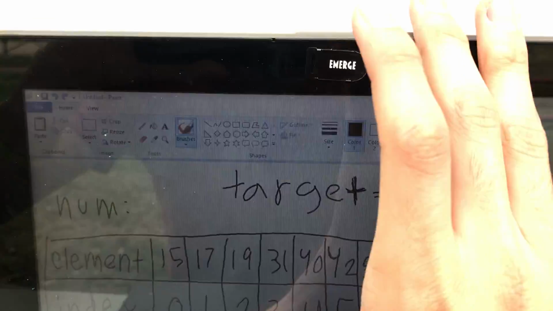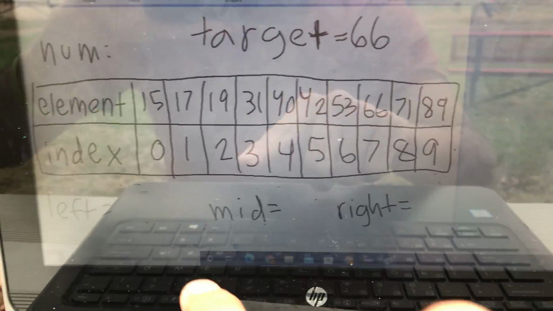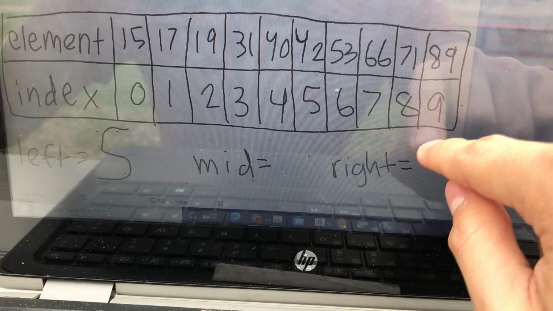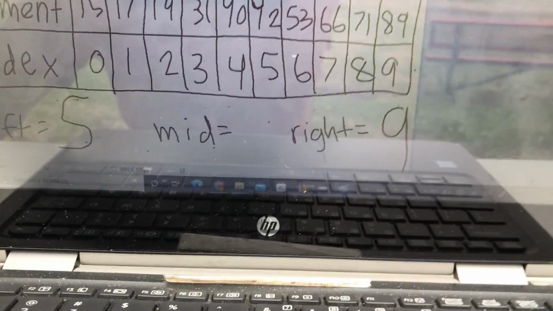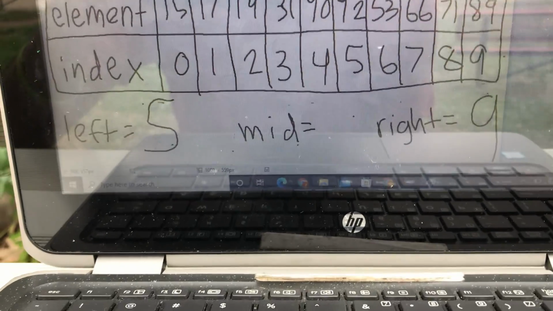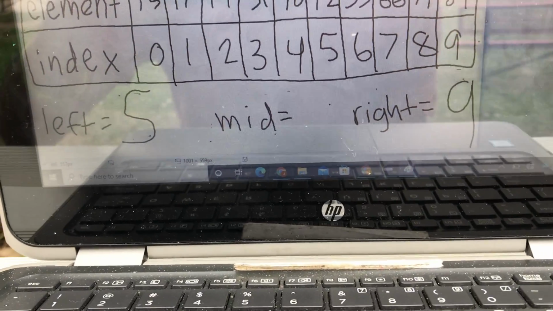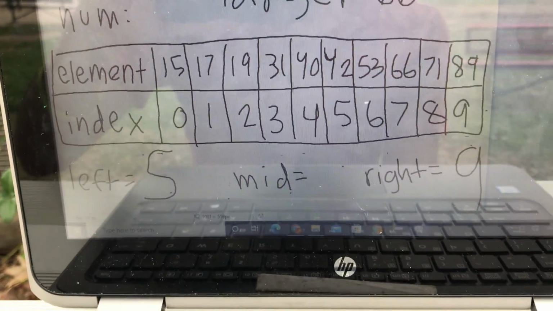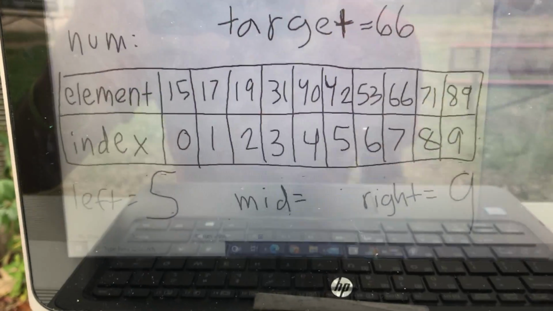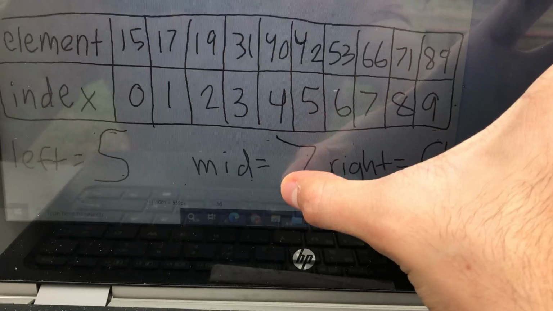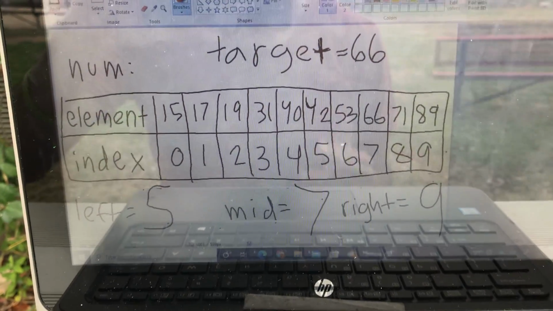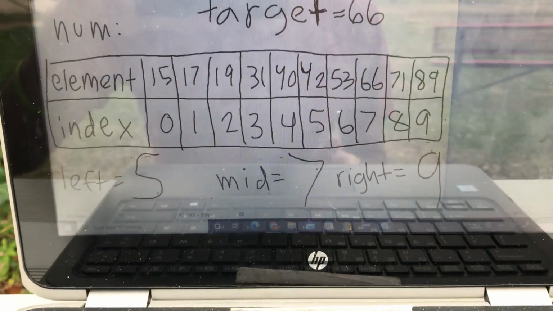So if we go to here, the left becomes middle plus 1, which is 5. The right stays 9. And the middle is going to be something new, because remember, we only get a middle if the left is less than or equal to the right. In this case it is, so the middle would be 5 plus 9 divided by 2, which is 7. Now we look at it and ask, is 66 greater than the element at index 7?